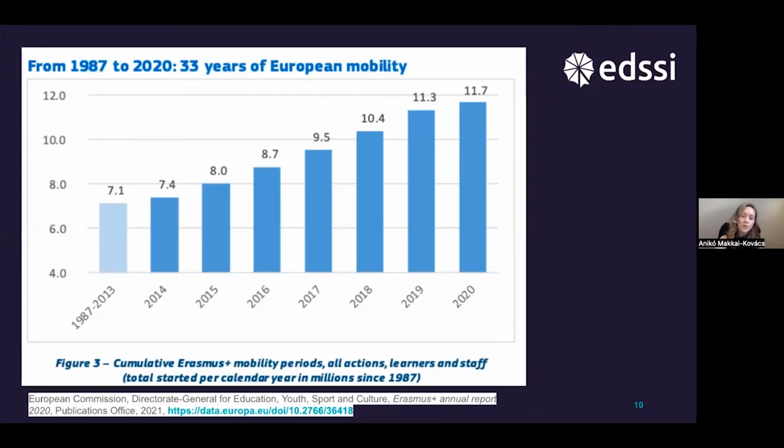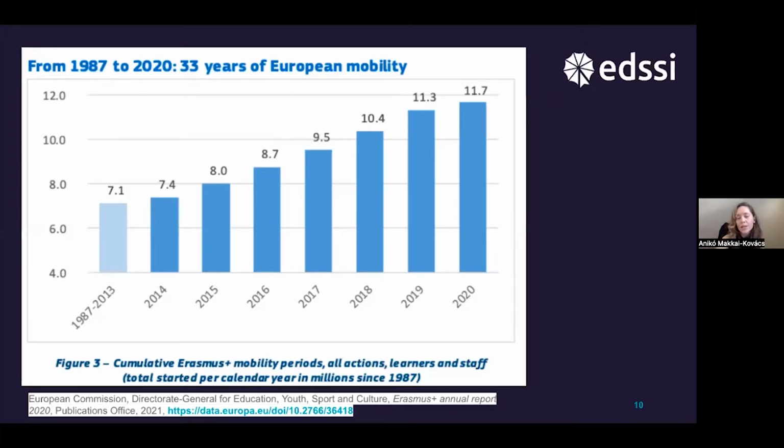What I wanted to show you on this slide is, from 1987 to 2020, how many learners and staff participated in the Erasmus program, and you can see that it is almost 12 million. So it's a huge number.